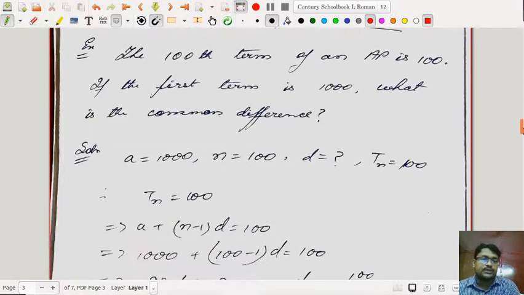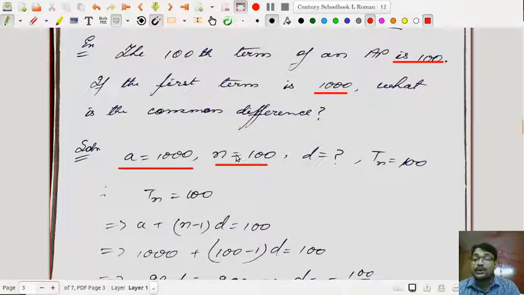Let us see another one. The 100th term of an AP is 100. If the first term is 1000, what is the common difference? So the first term is 1000, a equal to 1000. For the 100th term, we are talking about n equal to 100.